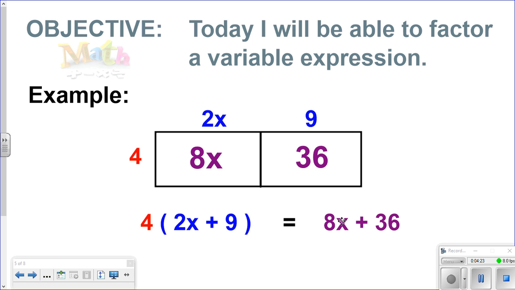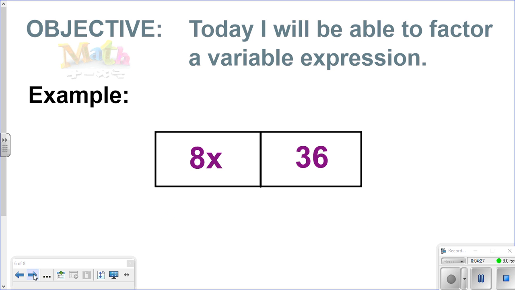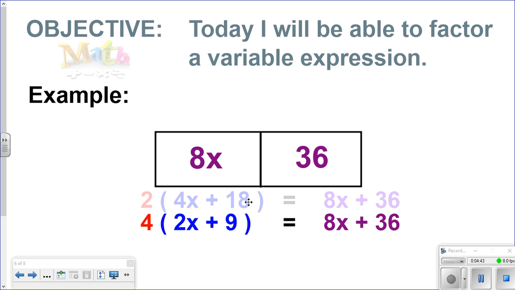Well, that's all well and good, but is what I'm saying that you could have different factors that would give me the same answer? Sure. We're saying that 4 times 2x plus 9 would give me 8x plus 36, but also that 2 times 4x plus 18 would give me 8x plus 36.